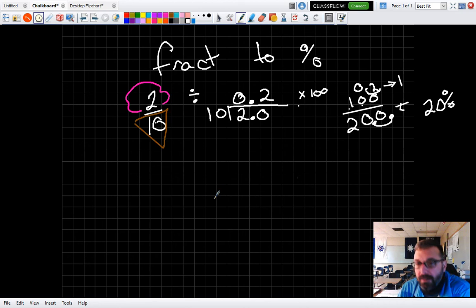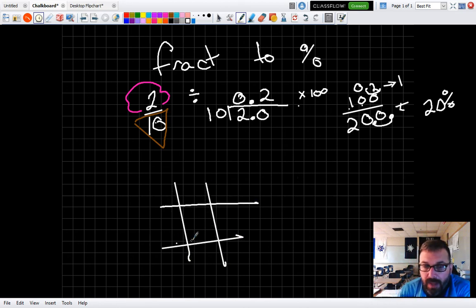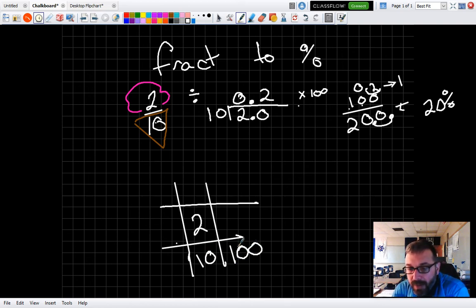My other option would be to set up a tic-tac-toe and look at this as a ratio. Okay, so I would have 2 over 10, right? Now, what is the percent? Percent, we always going to have percent of 100. So my third block would always be 100.